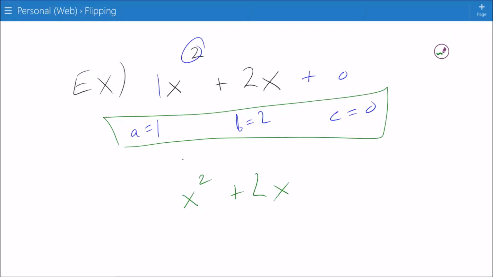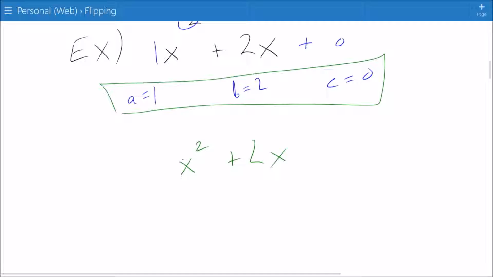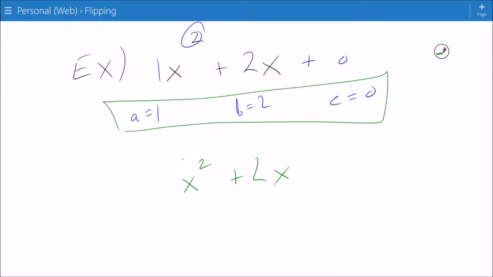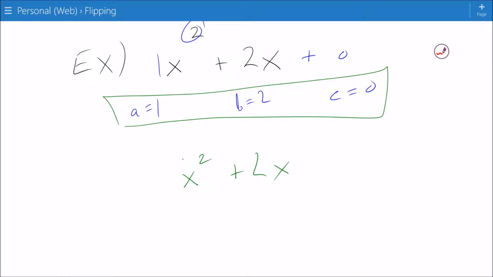That gets your mind turning and thinking about what method you should be using. Anyway, back to x squared plus 2x. What is the greatest common factor? What can I divide x squared by as well as 2x? Well, I've got a 1 here and I've got a 2 there, so there's not going to be any constant coefficient that I could divide the coefficients by that's going to get me anywhere.